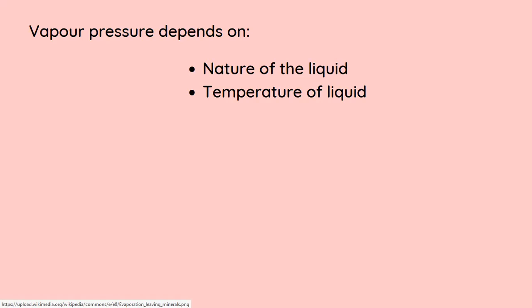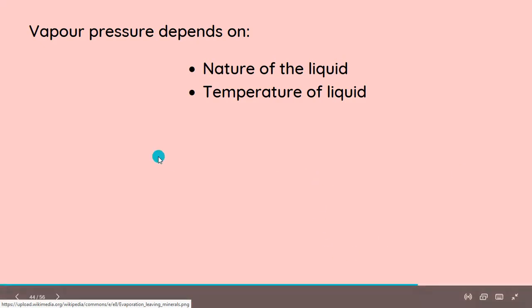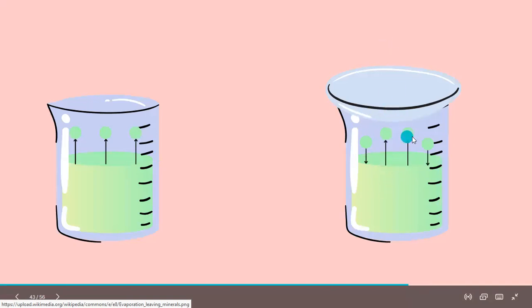Temperature of the liquid just means that when you compare a hot day and a cold day, the rate of evaporation of that particular liquid will change with temperature. What happens is when there is a high temperature, the kinetic energy of these molecules is going to increase, and the kinetic energy will in turn make sure that the molecules of the liquid will easily evaporate.